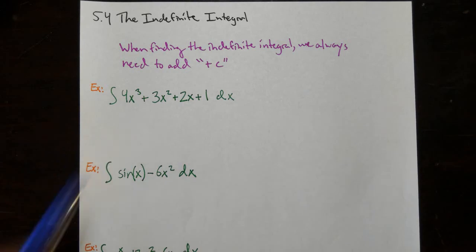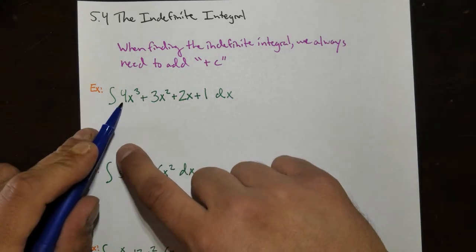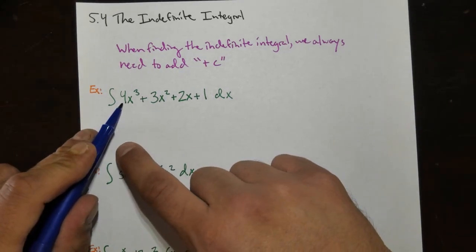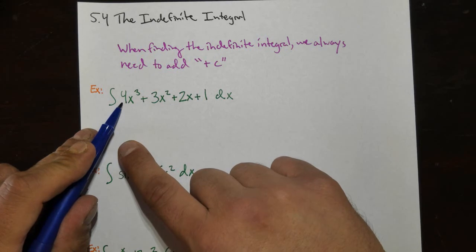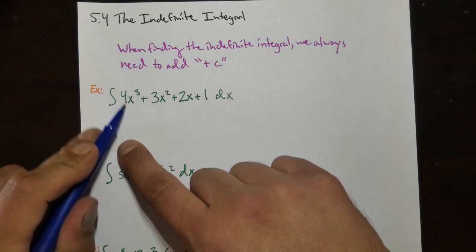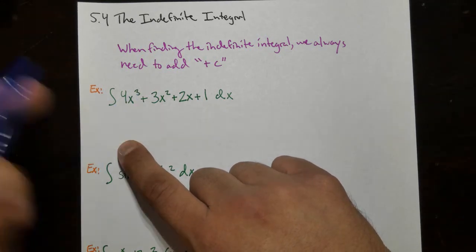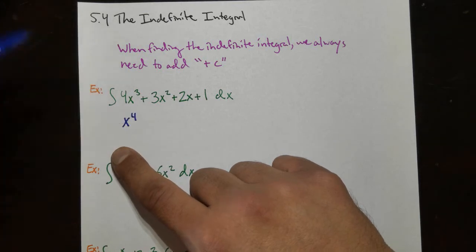So, looking at the first example, we take the integral just the exact same way. We're getting hopefully pretty good at doing the inverse power rule. So let's integrate this. Remember, we raise the power and then divide by that power. So this would just be x to the fourth.